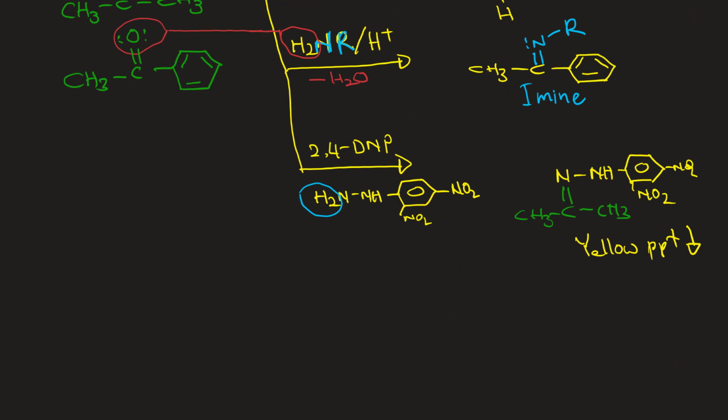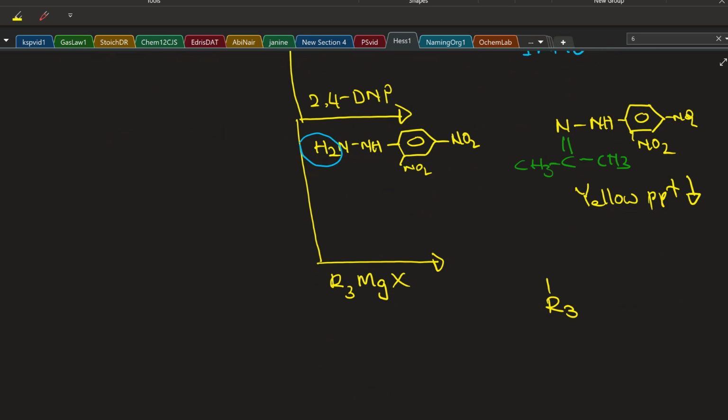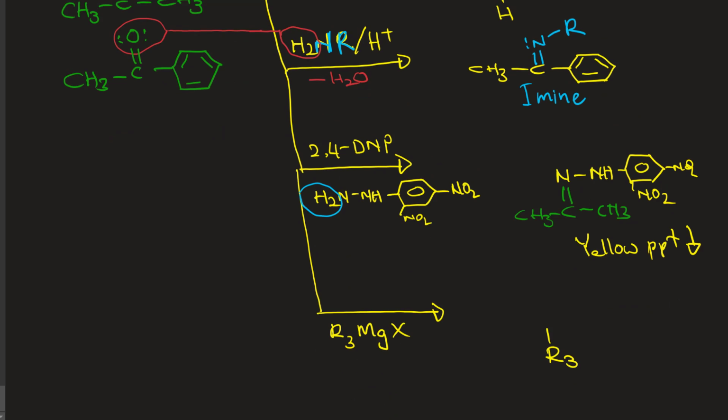Now another important thing, if you remember, Tollens and Fehling's will not react with the ketones. But the Grignard will. The Grignard reagent, R is a nucleophile, and it can attack the electrophilic carbonyl, right? Because we get R minus basically from Grignard.